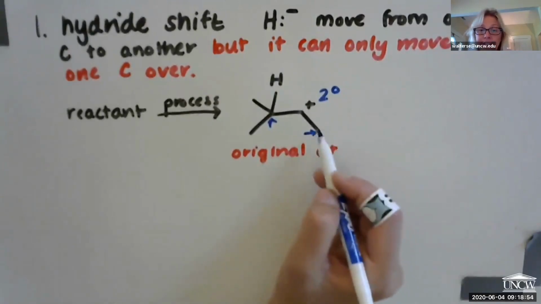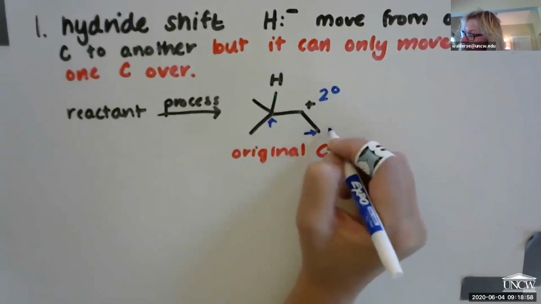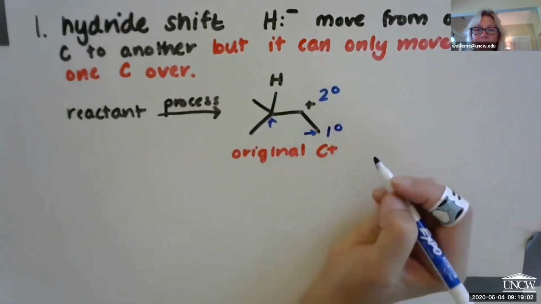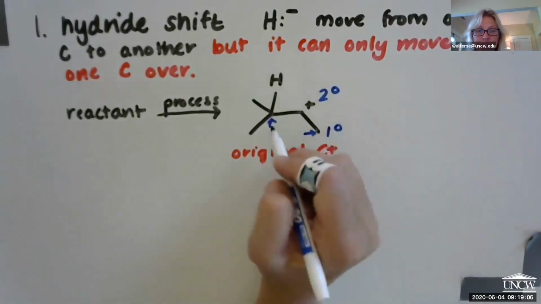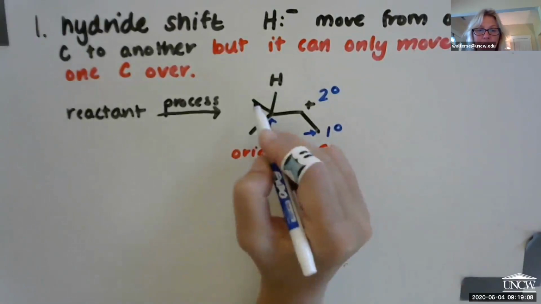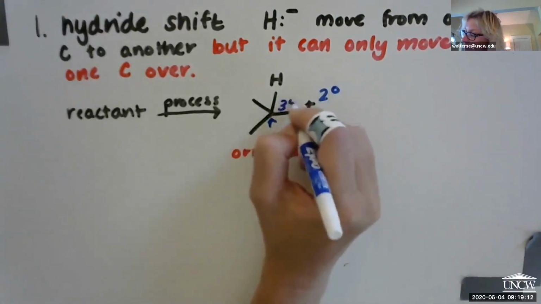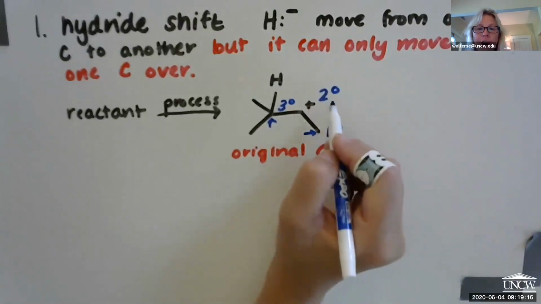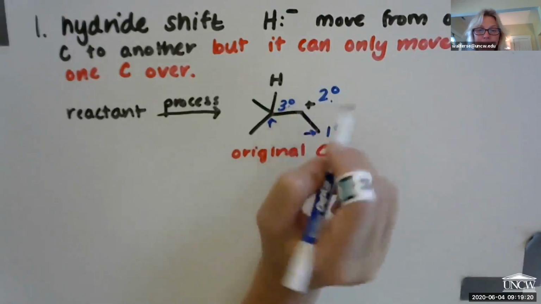And there's hydrogens here. If you shift down to this position, you would end up forming a primary carbocation. If you move over here, you are going to make a tertiary carbocation. So you're always going to go from low stability to high stability.